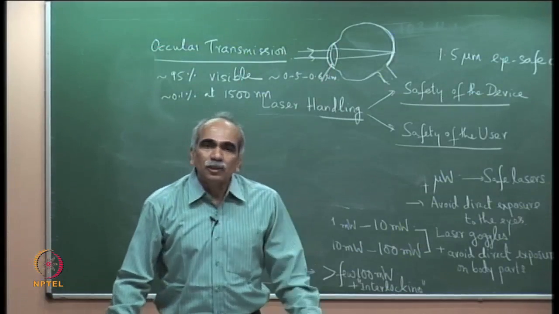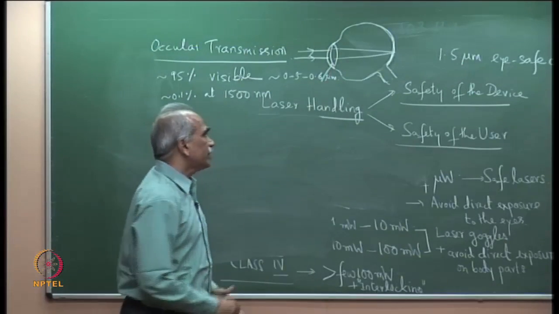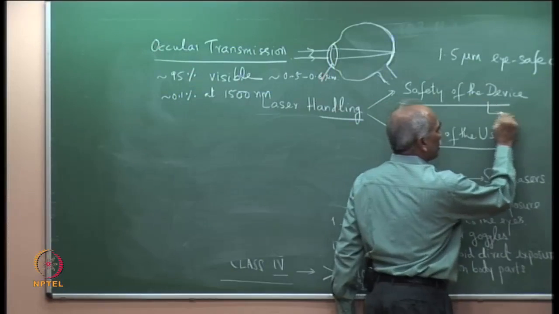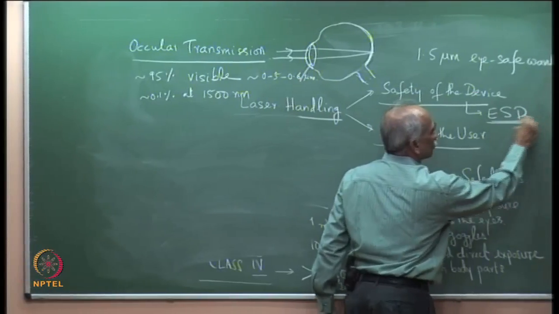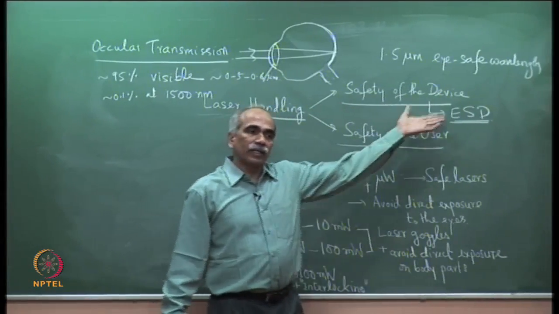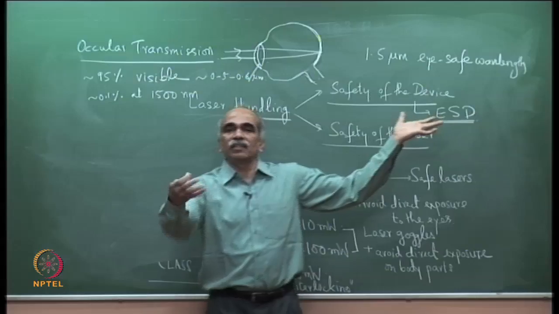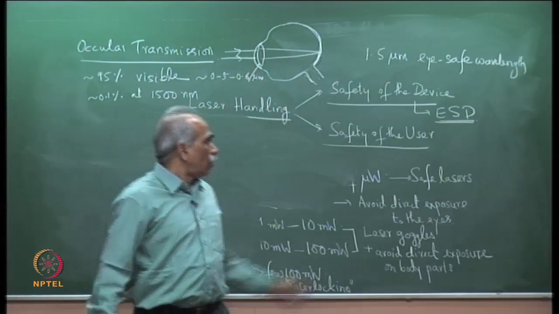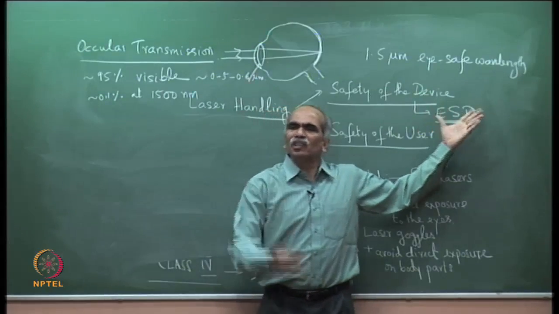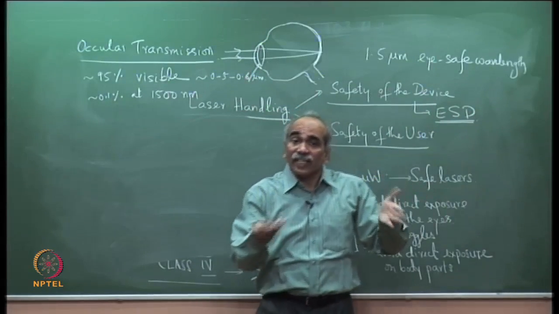All these high speed devices are sensitive to ESD, electrostatic discharge. Maybe we will discuss it in some other class because we do not have time, but all high speed devices including CMOS devices, you may be knowing that they are static sensitive.